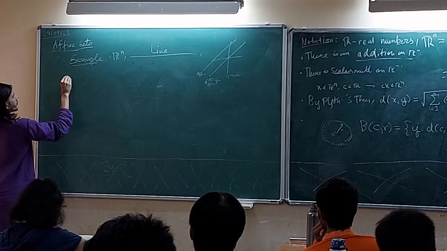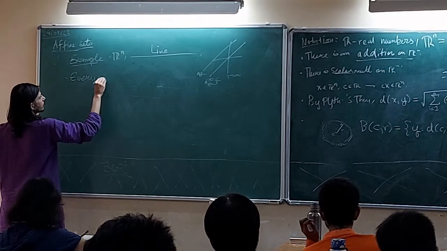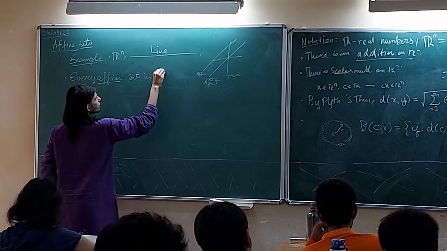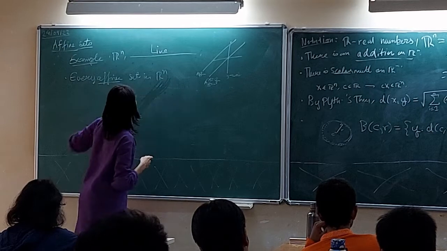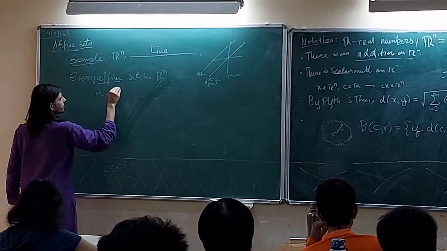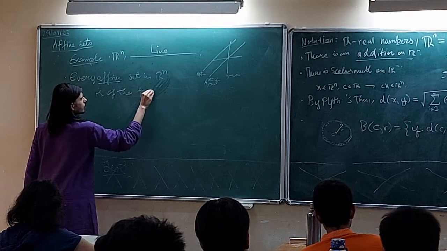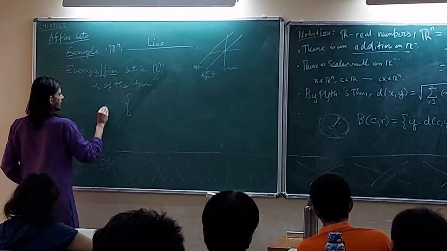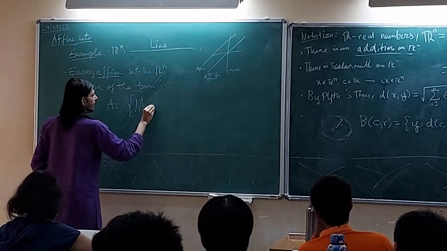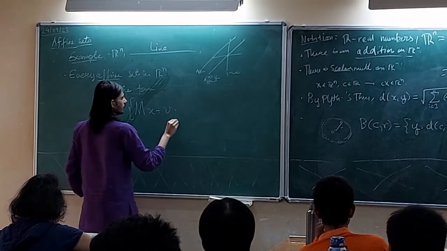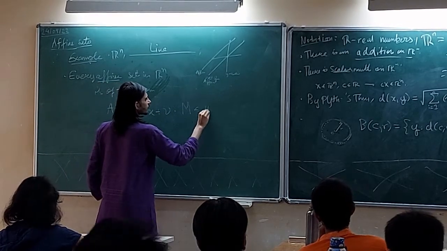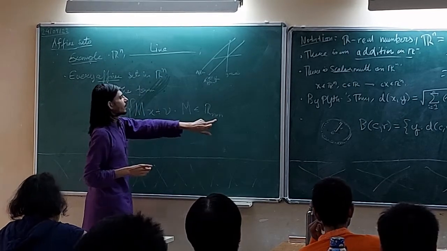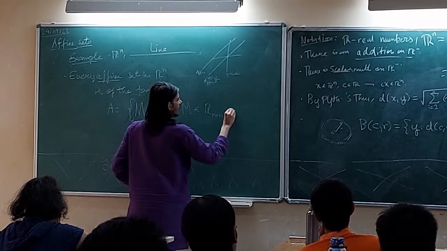It turns out that every affine set in Rn, and anybody who has gone through one course in linear algebra will be able to easily get this, is of the form A is equal to mx plus b, where m is some matrix with n dimensions with real entries, and b is any vector.